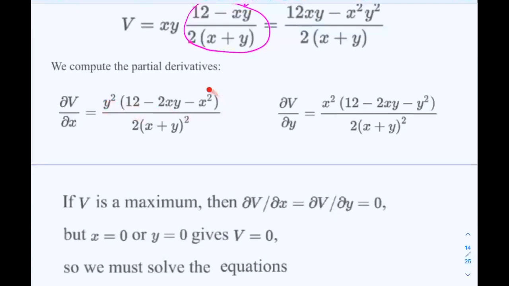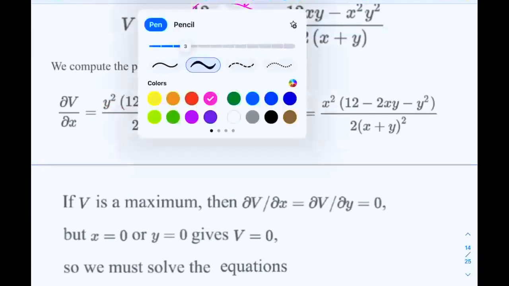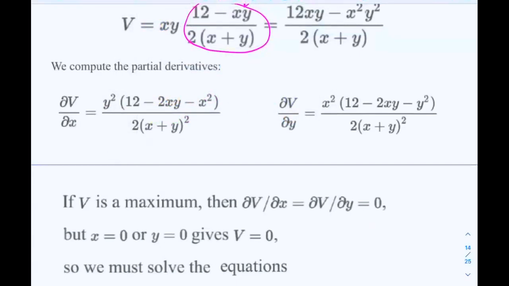The only way that this equals 0 is if the numerator on top equals 0, right? So you focus on the numerator, and that is the only way you can get 0.